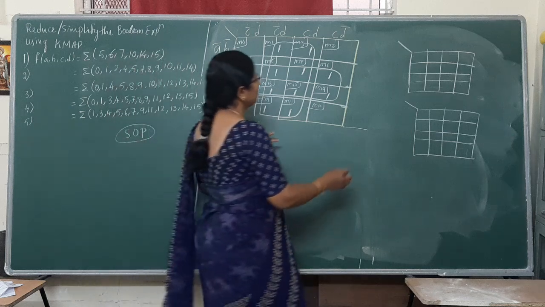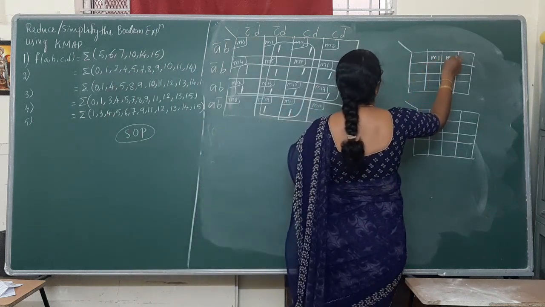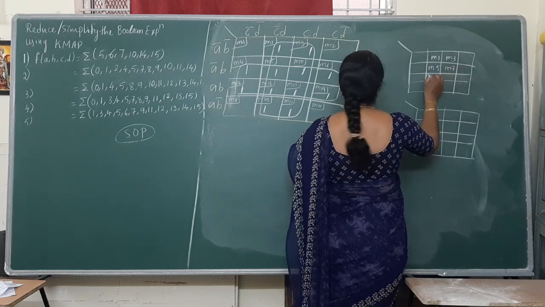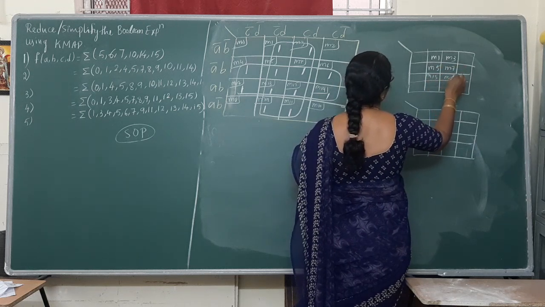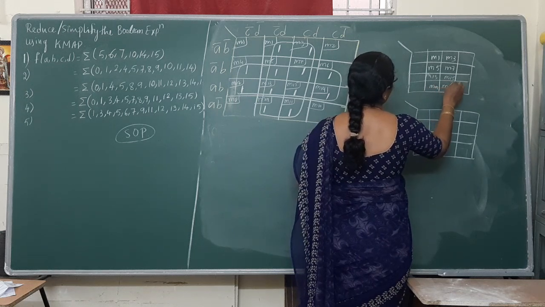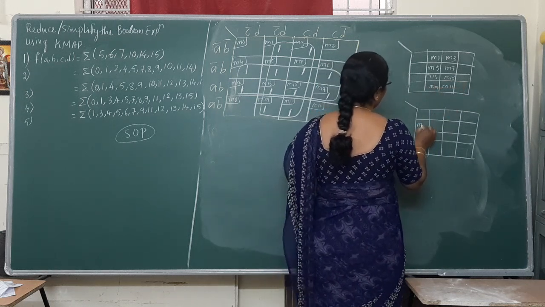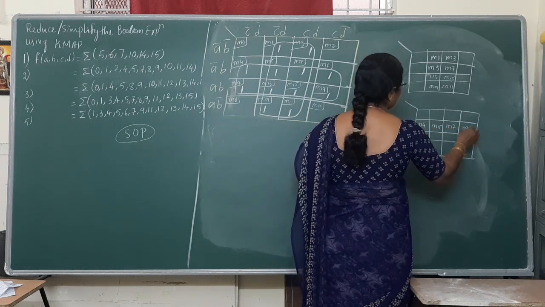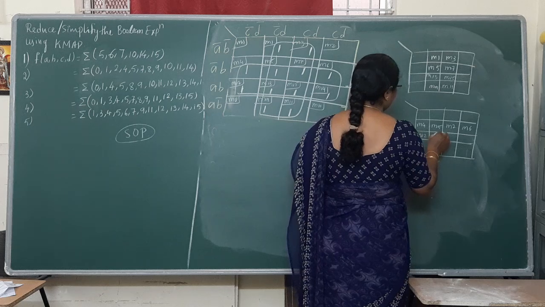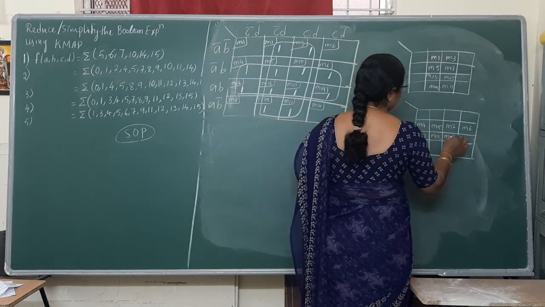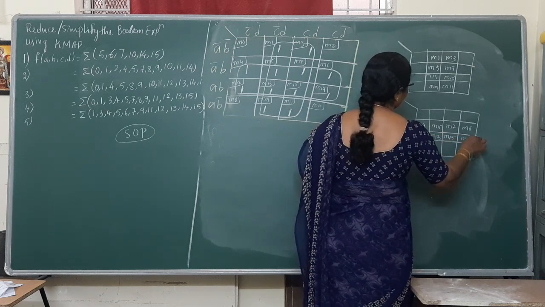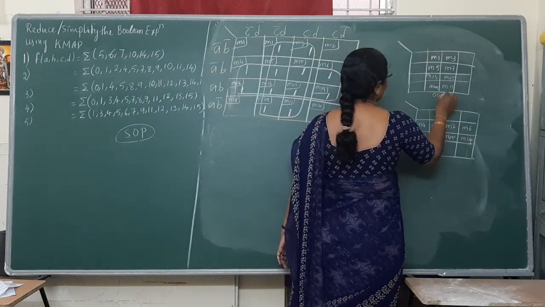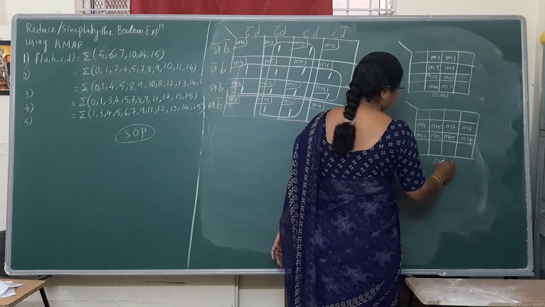So octa 1 is M1, M3, M5, M7, M13, M15, M9 and M11. And another octa M4, M5, M7, M6, M12, M13, M15 and M14. This is octa 1, and here it is octa 2.